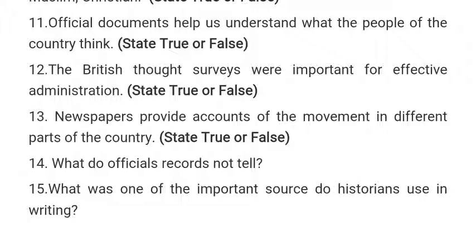Official records do not tell about the life of common people. Then, what was one of the important sources historians use in writing? A record, or oral explanations, oral information, customs and traditions followed by the people. So they are also sources.